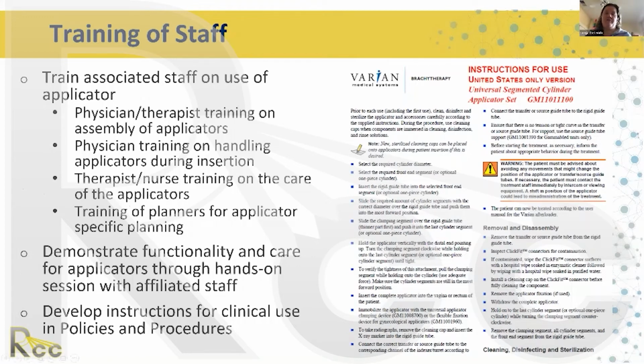I actually went over to central processing, which is where our applicators get sterilized, and showed the people there how to handle and care for the applicators to make sure they also know how fragile these products are. Because surgical instruments are always made of titanium. They're much more robust than often plastic applicators.